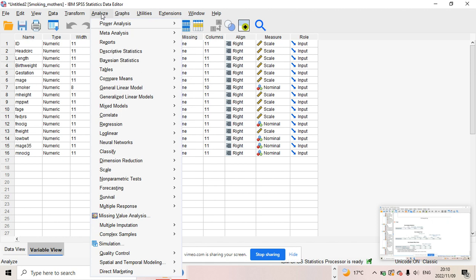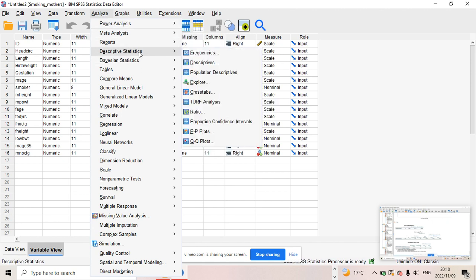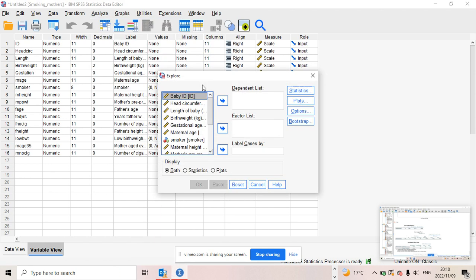You click on Analyze, then go down to Descriptive Statistics, then down to Explore. A small window pops up like this. We are interested in the birth weight. You click on the birth weight and move it to the dependent list box.